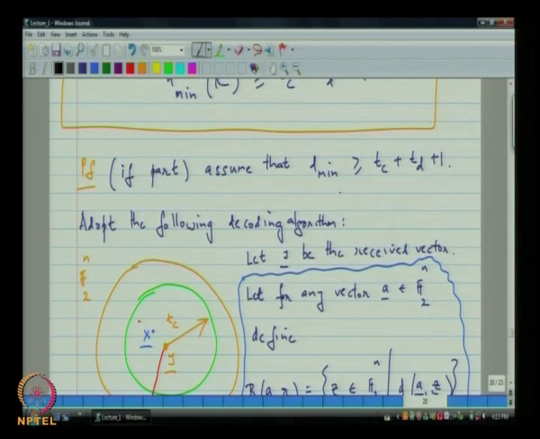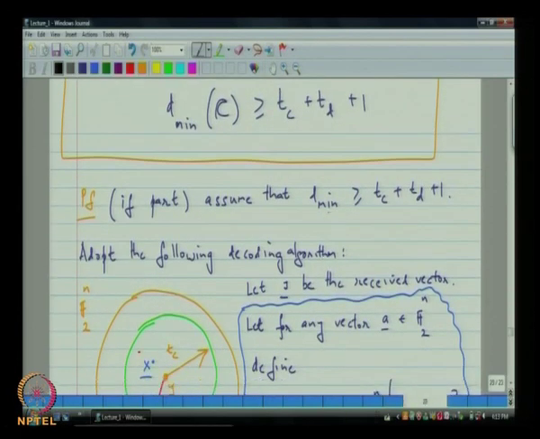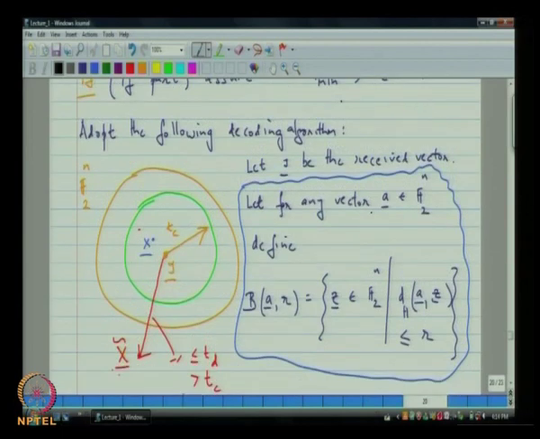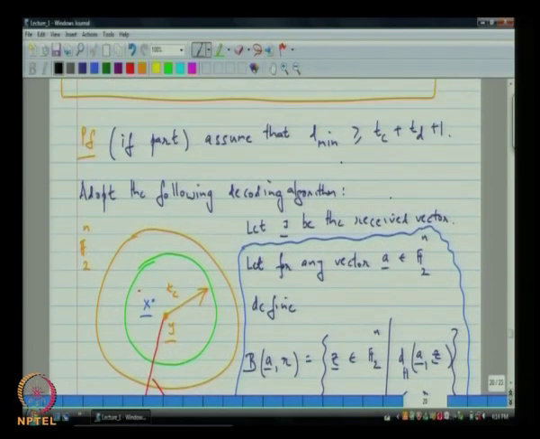So, let us assume that you are given that the minimum distance of the code satisfies the condition that D min is greater than or equal to T sub C plus T sub D plus 1. And now we are going to show that the code can correct T sub C errors and detect T sub D errors by exhibiting a particular decoding algorithm.